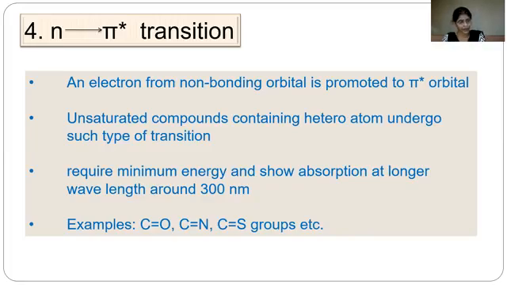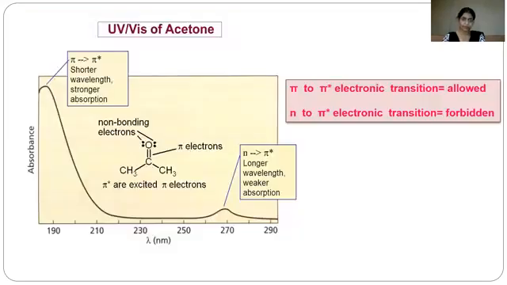When it requires less energy, it shows absorption at higher wavelength, since energy and wavelength are inversely related. These are the four main transitions of organic molecules which are practically possible.